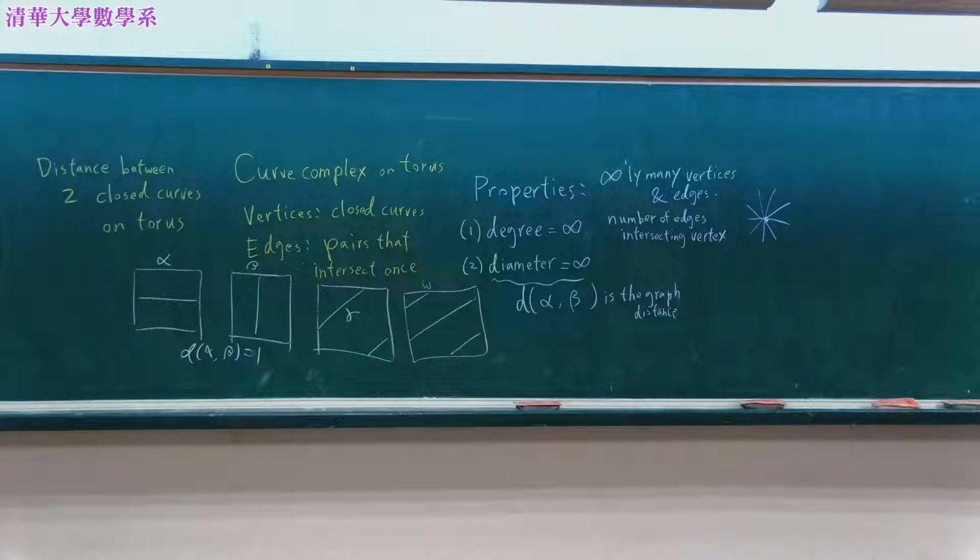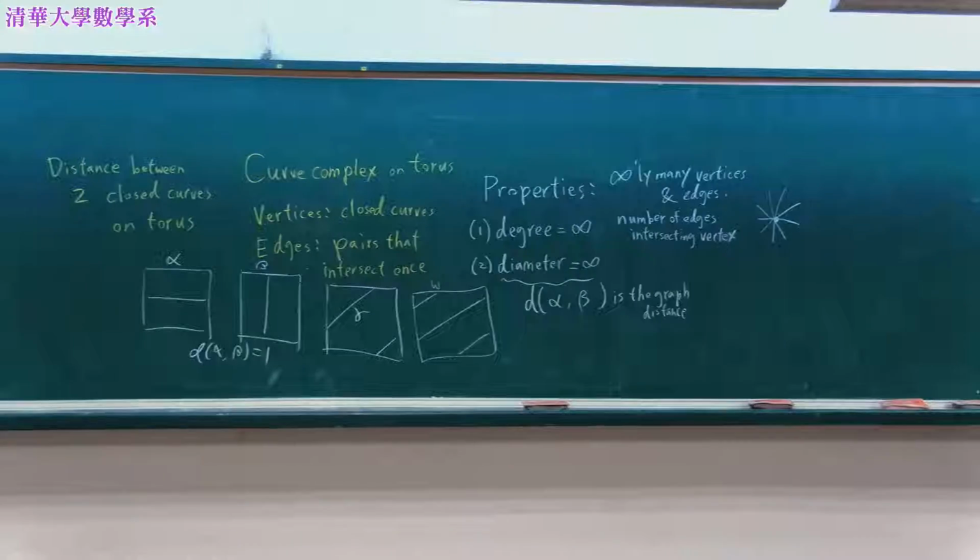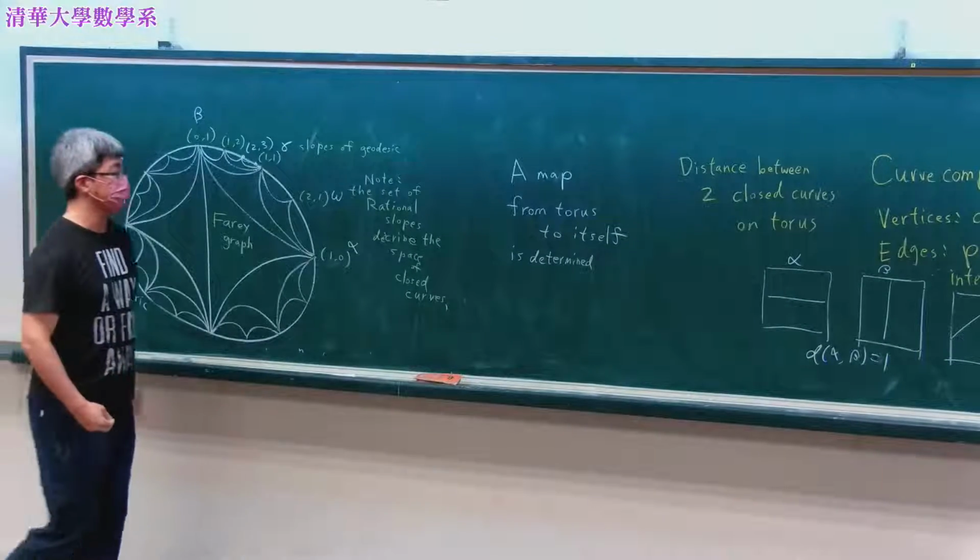Well, there's a different storyline about an automorphism, or let's just make it more simply, a map from the torus to itself, is of course determined by how it takes the curves and moves them about.